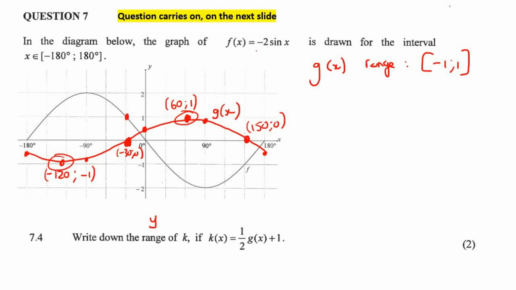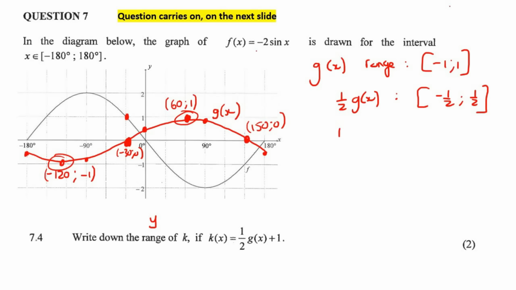Now, so the range of k, well, you're going to multiply that by a half, and then you're going to add 1. So if we multiply it by a half, so a half of g of x, well, what that would do is it would make the range become minus a half and a half, because all the values are going to be multiplied by a half.